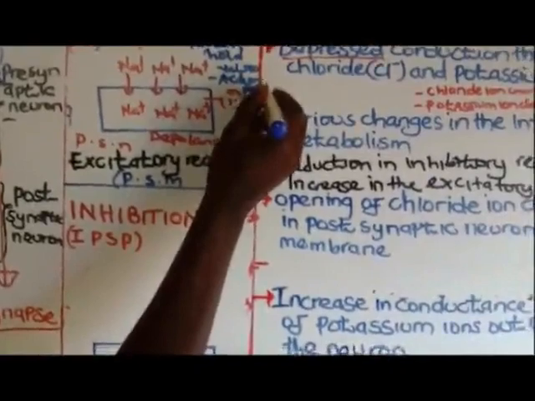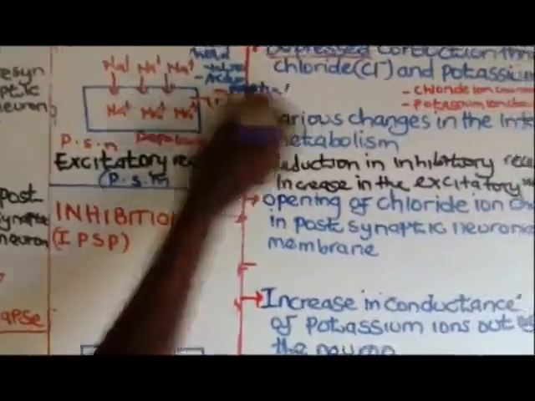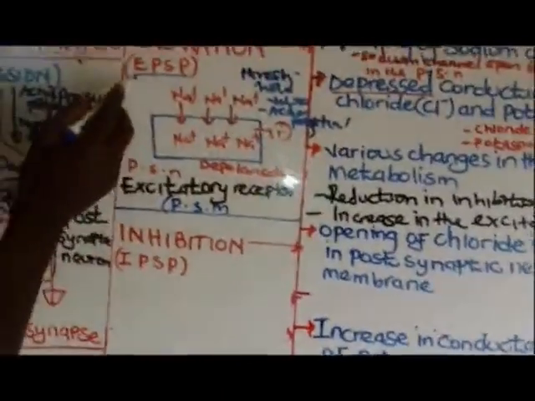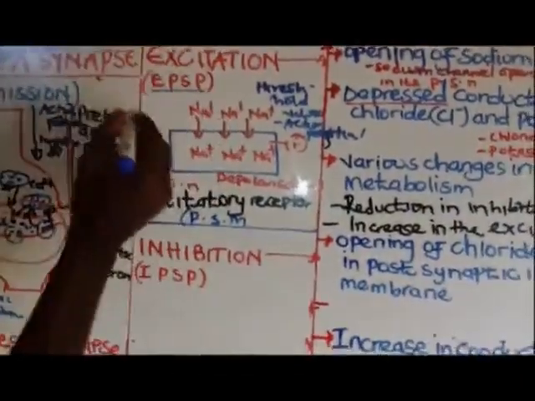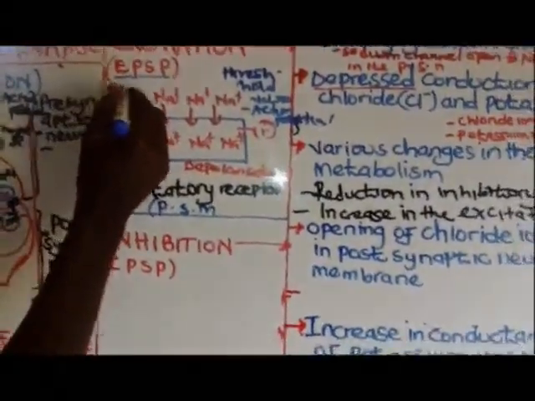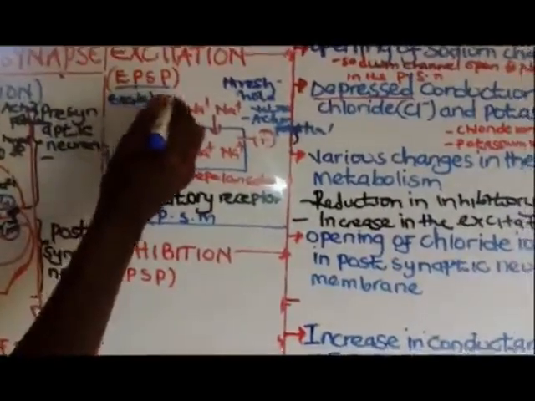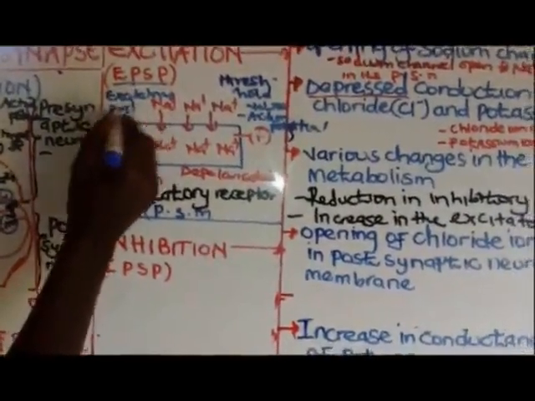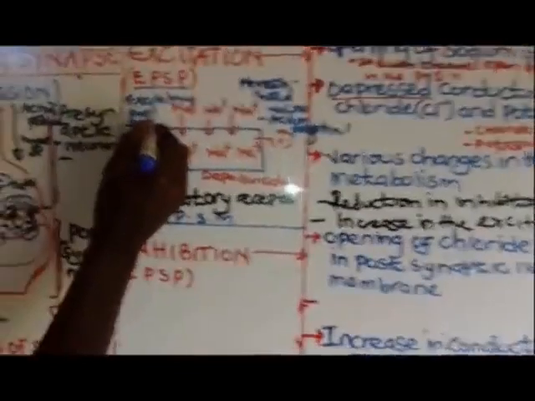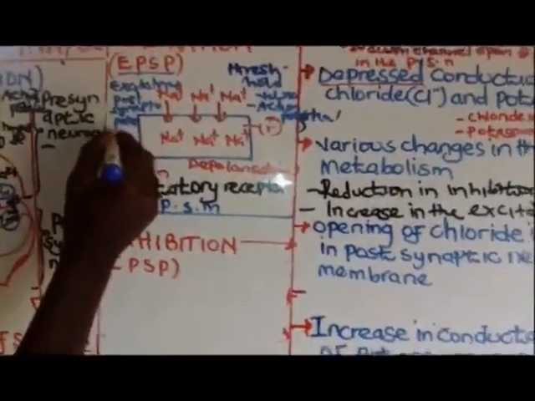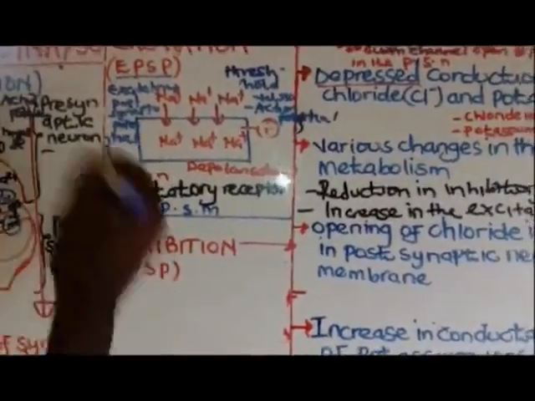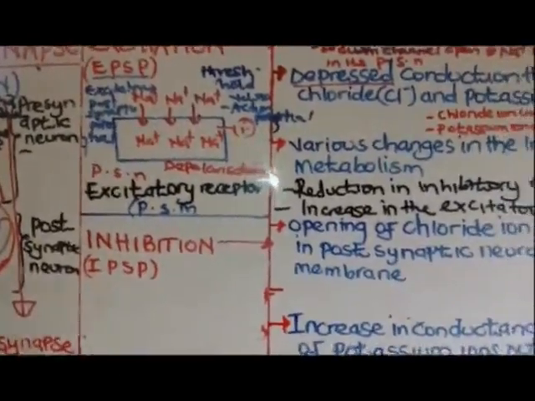And that action potential which we are talking about is going to be reflected by what we call excitatory postsynaptic potential. And that one now implies our impulse is going to move downwards to the postsynaptic neuron.